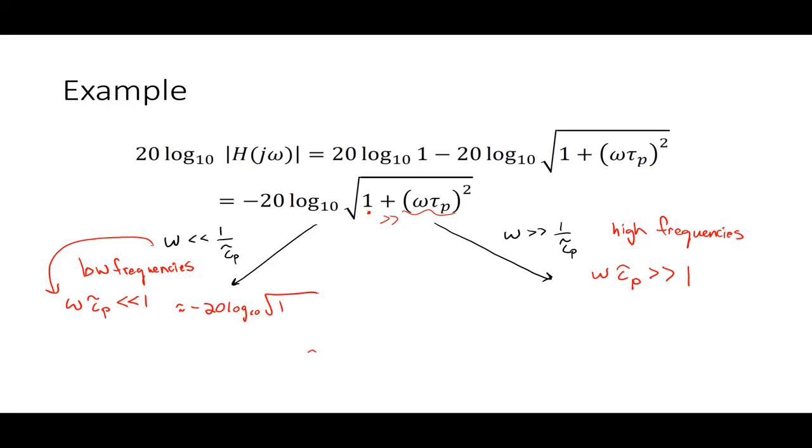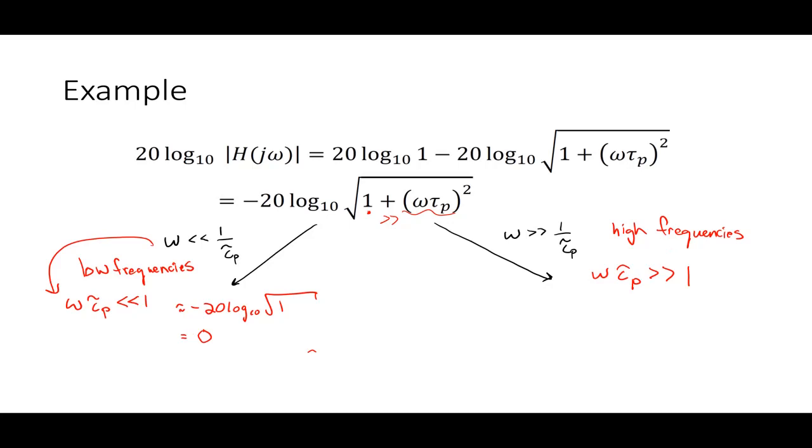So this becomes negative 20 log 10 of 1, which is basically 0. So 20 log of the magnitude is basically equal to 0 for low frequencies. I'll repeat that: 20 log of the magnitude is equal to 0 for low frequencies. That's going to be an important result later.